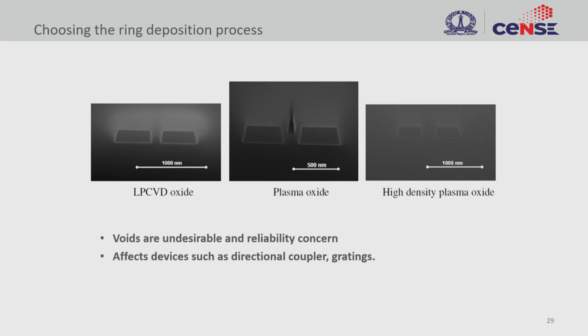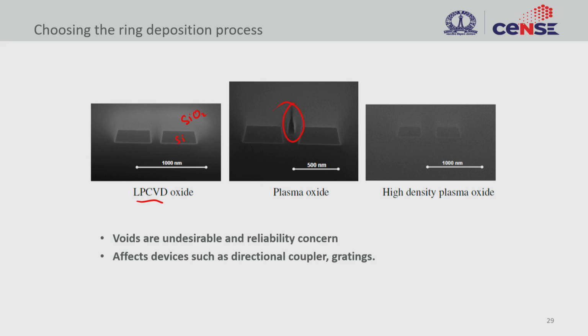So this is an LPCVD process, which is a conformal process, and you will not see any gap between these two silicon. So this is silicon and this is silicon dioxide. However, in a plasma process, you see here there is a gap. There is an air gap formed because the growth at the two ends is closing, and then it creates a gap here.